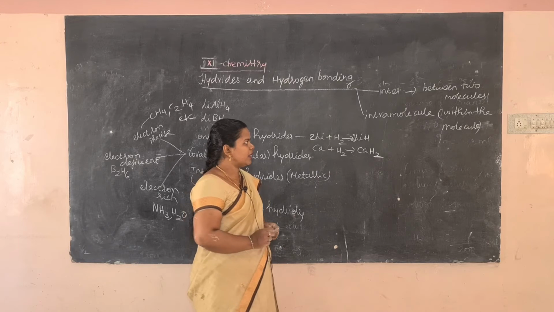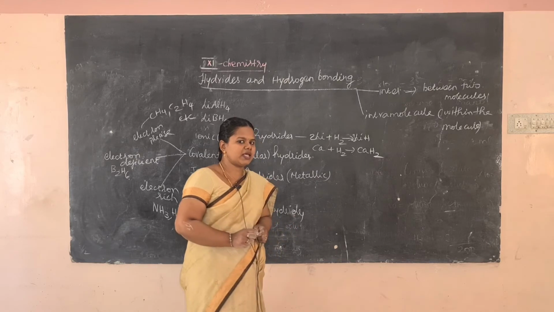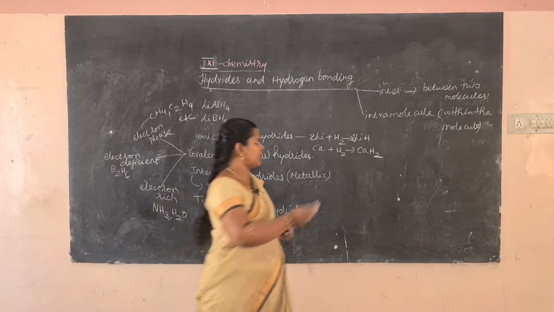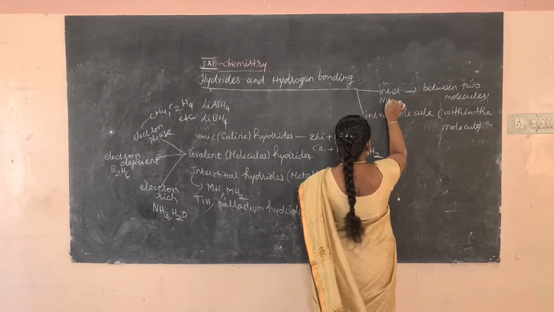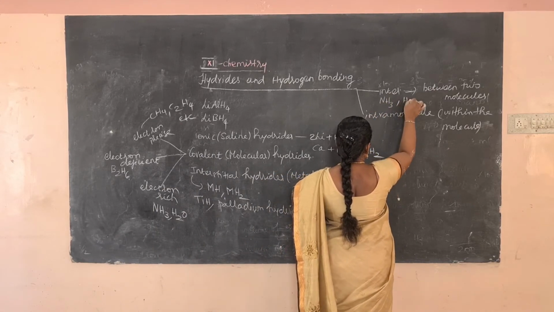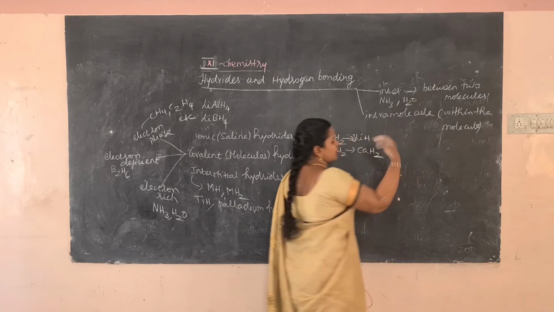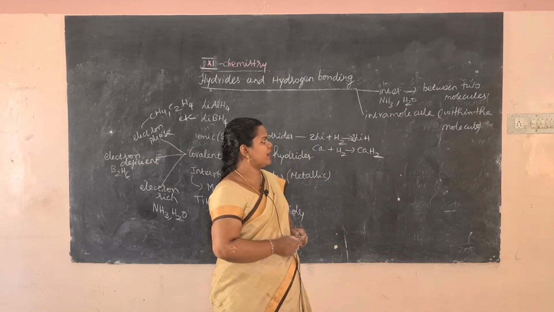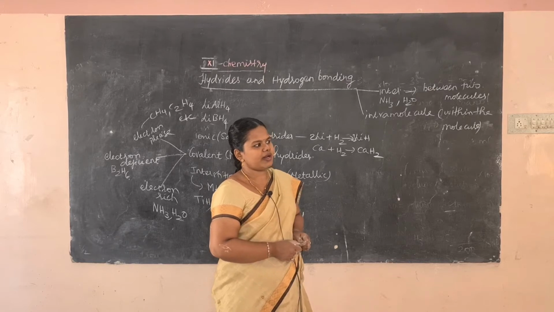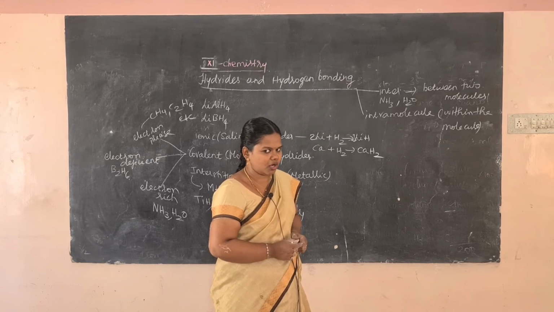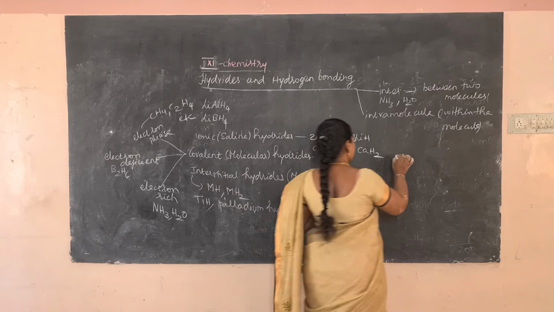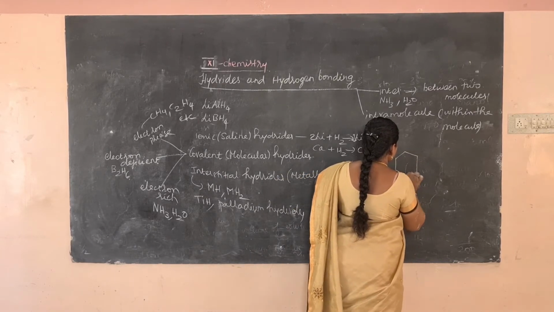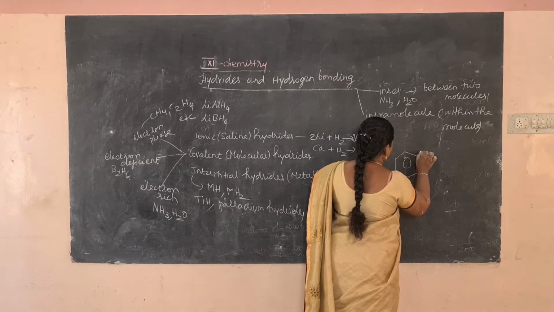For intermolecular hydrogen bonding, we can take ammonia and water as an example: the bond formed between ammonia and water, and ammonia and water individually. For intramolecular hydrogen bonding, we take orthonitrophenol or salicylaldehyde.